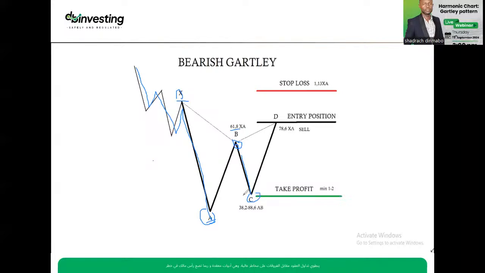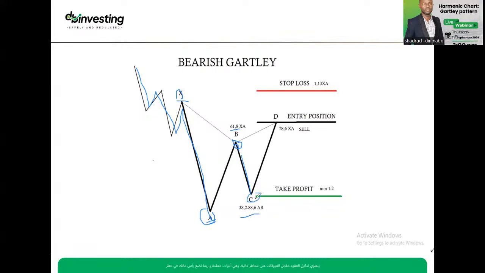In the case of the bullish, it is a lower high, but in the case of the bearish, it's a higher low, which is our point C. And point C, we said, is going to be within the range of 38.2 to 88.6 of AB. So that is about point C.